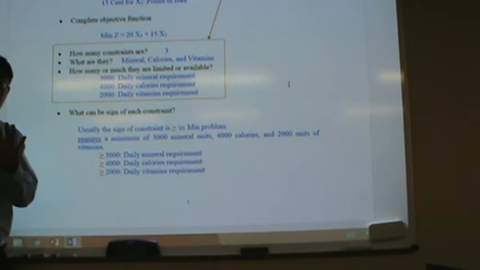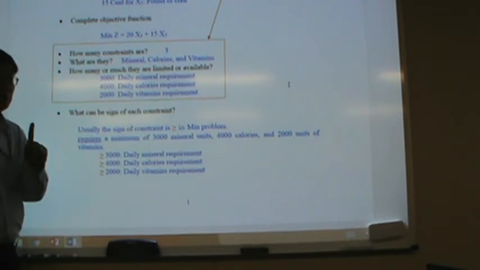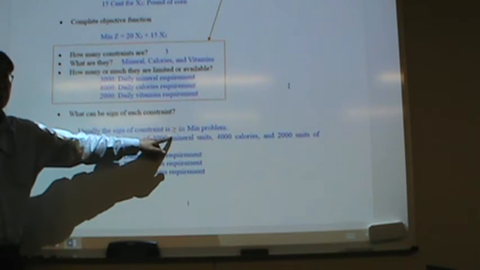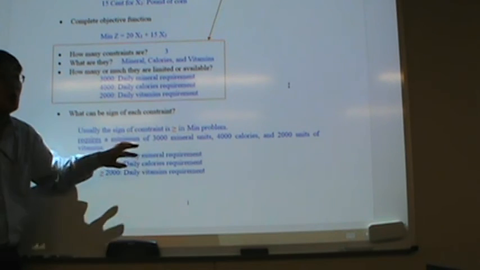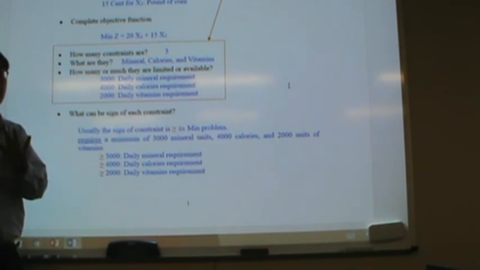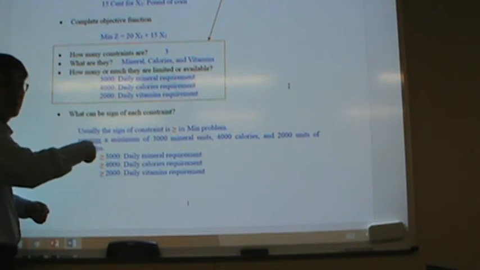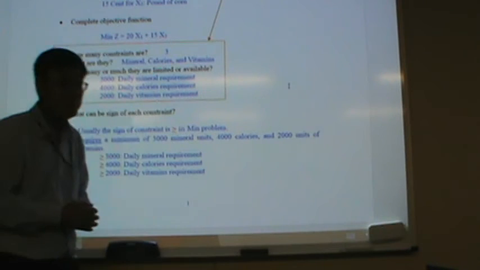I told you, a minimize problem usually, not always, but usually uses greater than, because they are requirements. A maximize problem has limits, up to, availability, so less than or equal to.